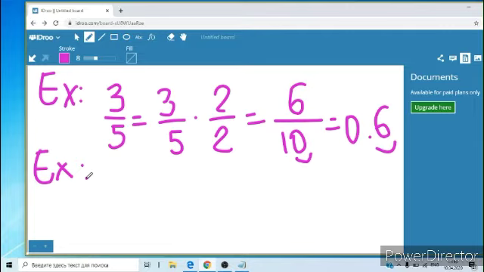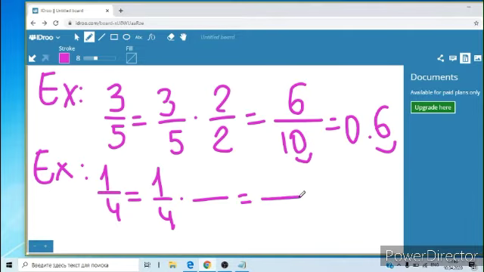So let us write another example, and here also we will have a fraction and we must change this fraction to a decimal. For example, 1 over 4. We write it itself, and we must change the denominator to 10 or powers of 10. So which number must I multiply by to get a denominator of 10 or powers of 10?